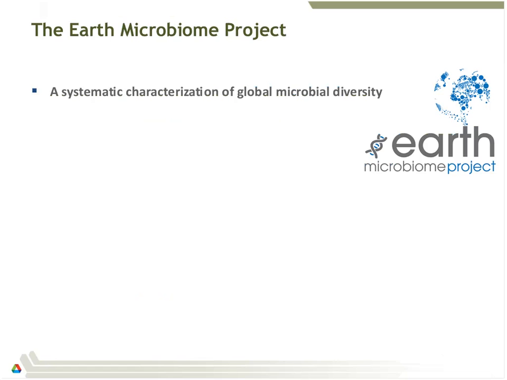Rob Knight's very interested in animals and human-associated microbiota, and Janet's interested in soils and permafrost and those kinds of things, and I'm very interested in marine and fresh water and lakes and rivers, etc. So together we said, we span some of the environmental microbiological work.